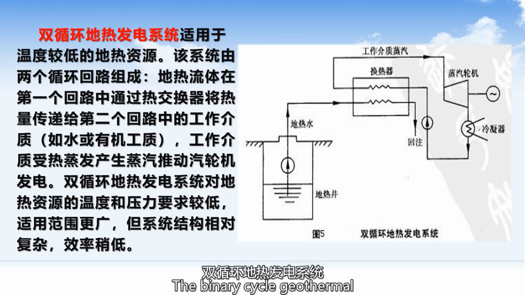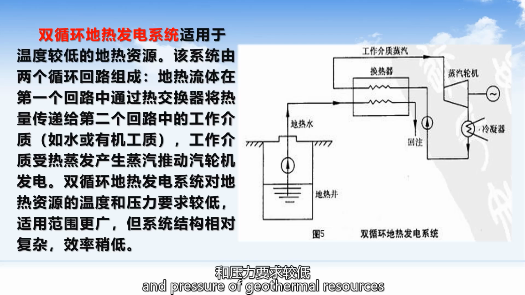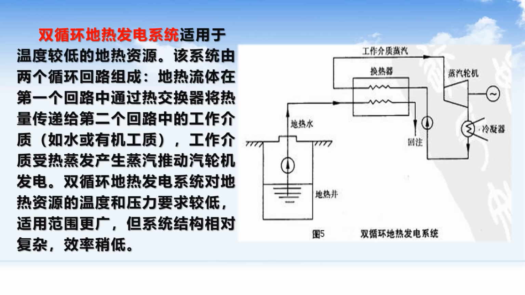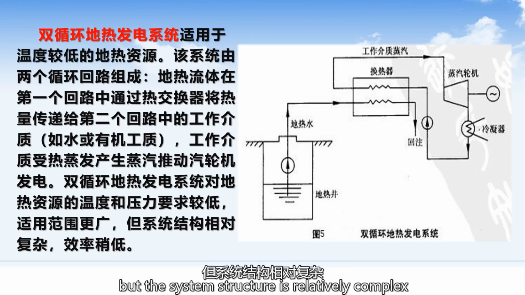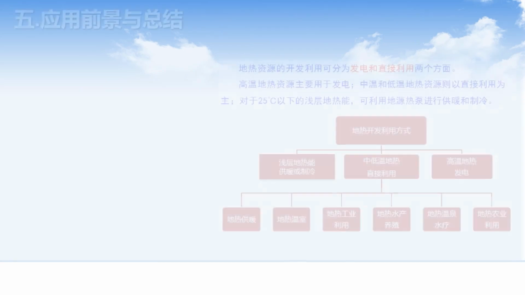The binary cycle geothermal power generation system has lower requirements for the temperature and pressure of geothermal resources and a wider range of application, but the system structure is relatively complex and the efficiency is slightly lower.